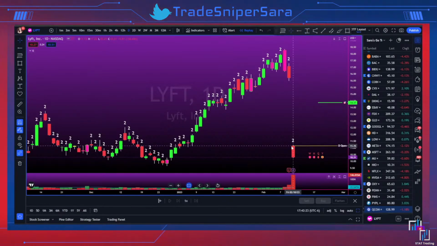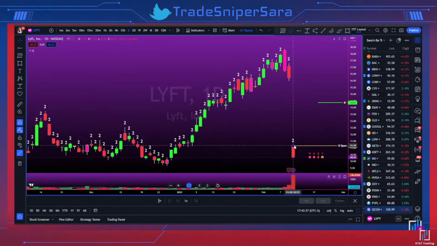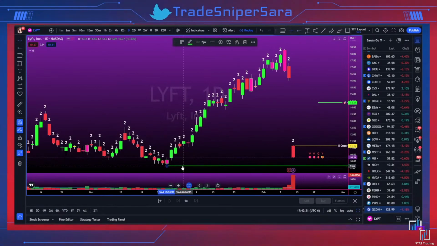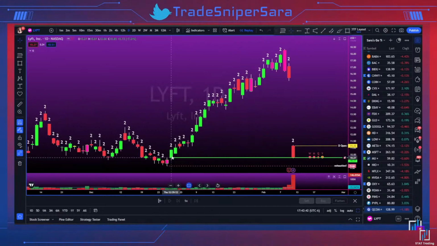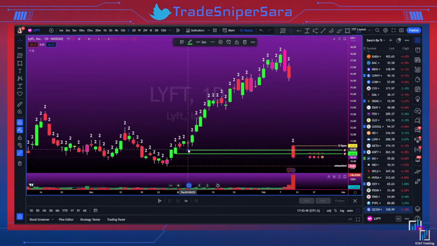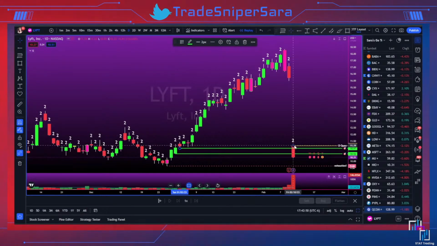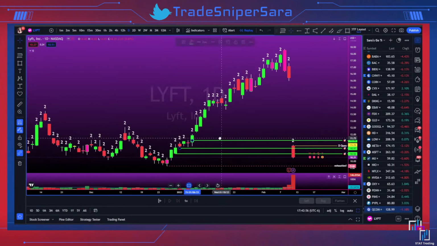First and always, we want to mark our daily open, and we want to search for potential exhaustion. Okay, and what else do we want to do? We want to get our targets. Anything below the open is going to be a target. And remember, if you're downside biased, you're targeting the lows of the candles.